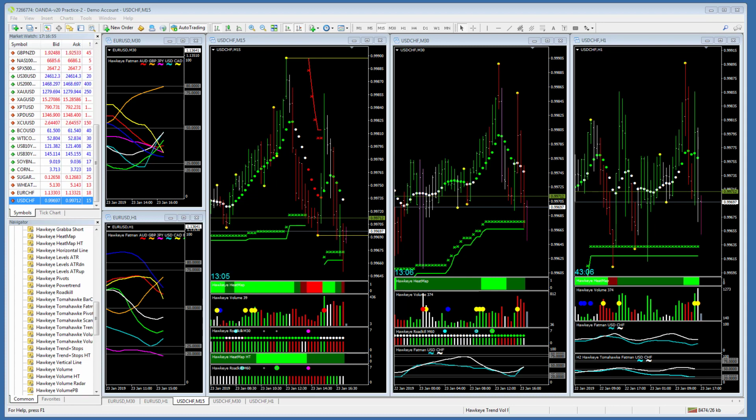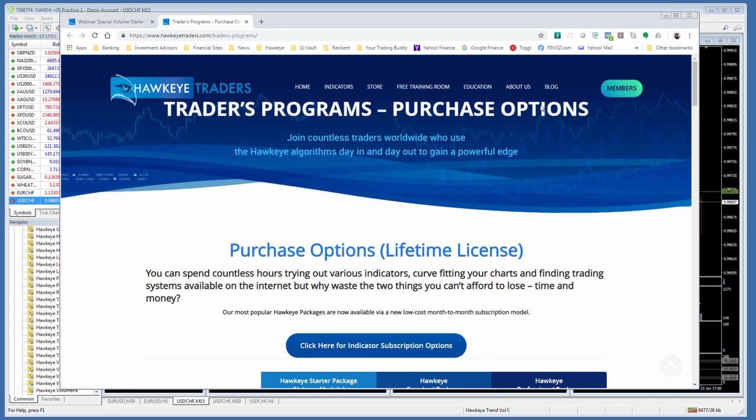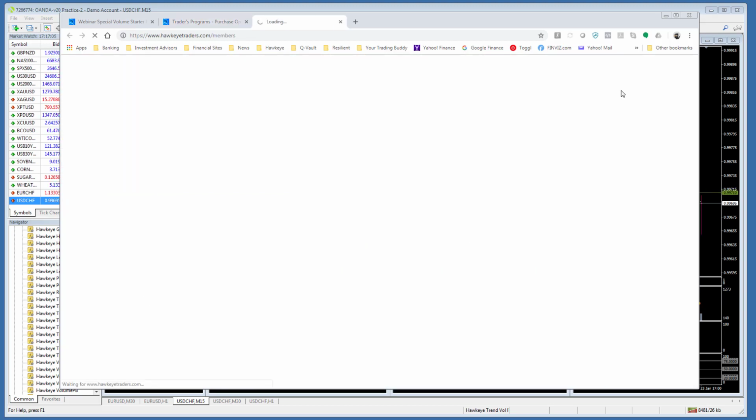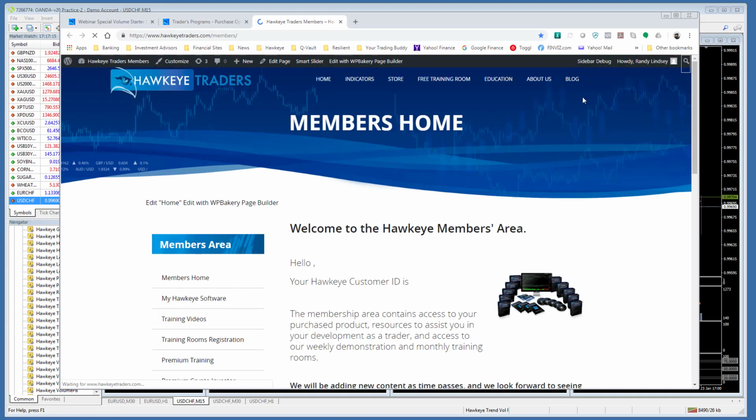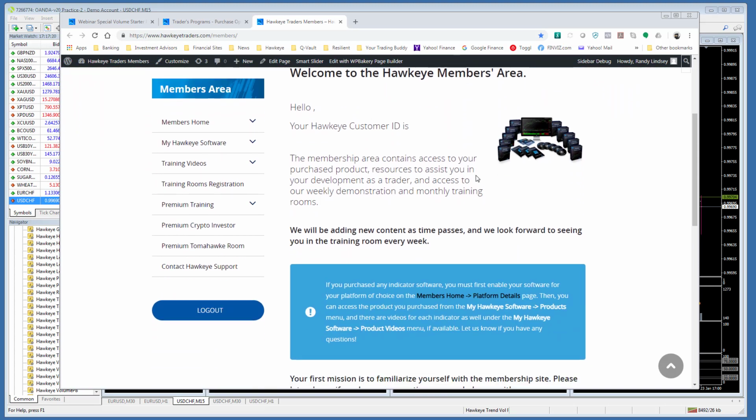Once you become a member, you get to click on the members tab up here. Hopefully I'm still logged in. It takes you to the special membership page that gives you direct access to your software. Once you log in, over here on the menu side, you have a home page.